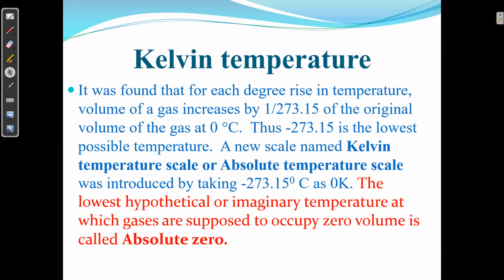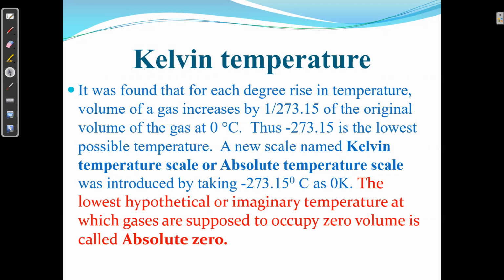So according to Charles's law, it was found that for each degree rise in temperature, the volume of gas increases by 1/273 of the original volume of the gas at 0 degrees Celsius. Simply, or as a shortcut, we can say at every 1 degree Celsius temperature increases, the volume also increases by 1/273 of its original volume, that is at 0 degrees Celsius.